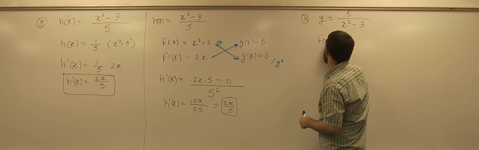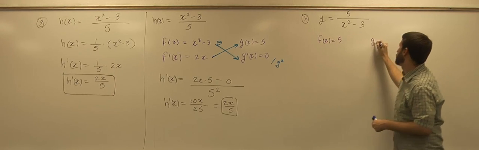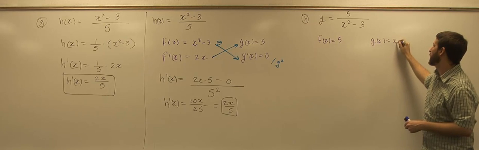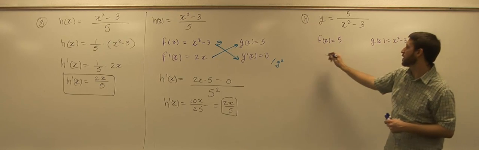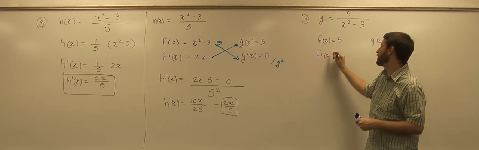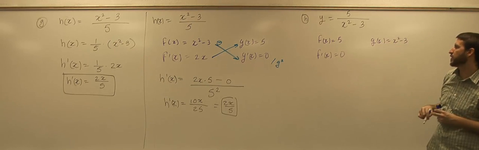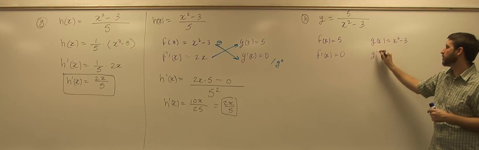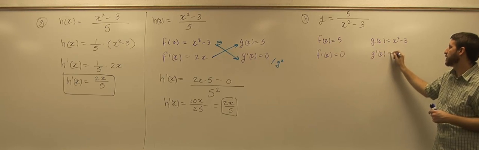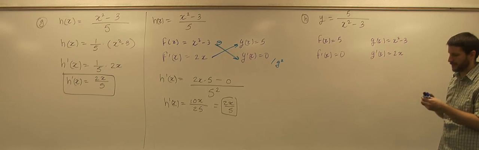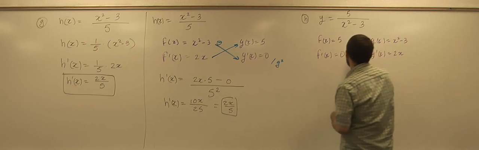Set f of x equal to 5, g of x equal to x squared minus 3. F prime, derivative of a constant, 0. G prime, 2x, and do your multiplication.